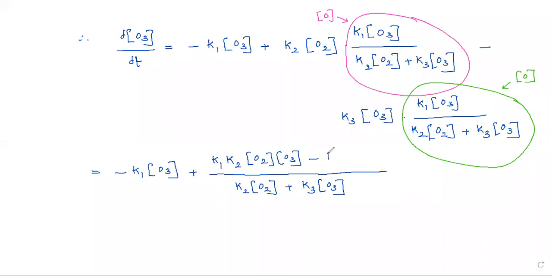Minus, of course, K1 into K3, isn't it? This K1 into K3 into O3 square. Hope everything is going on smoothly.